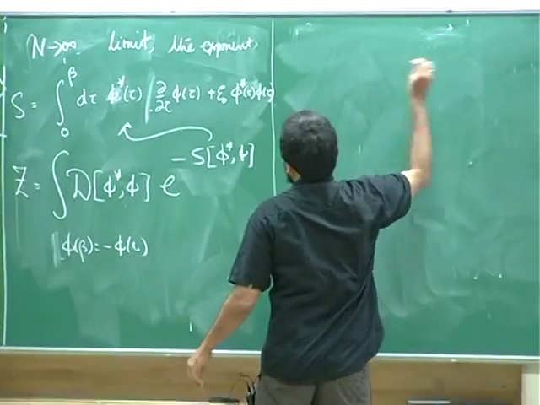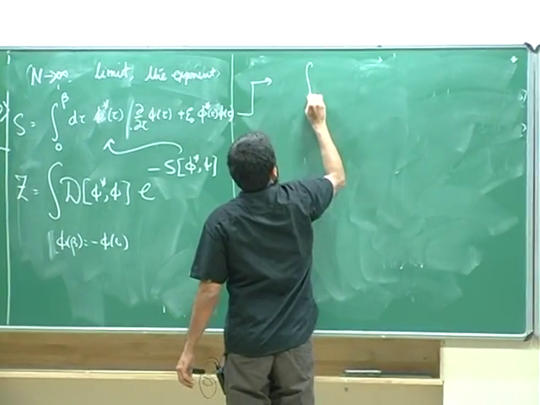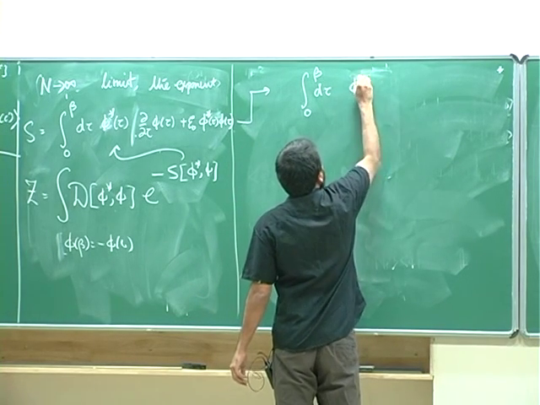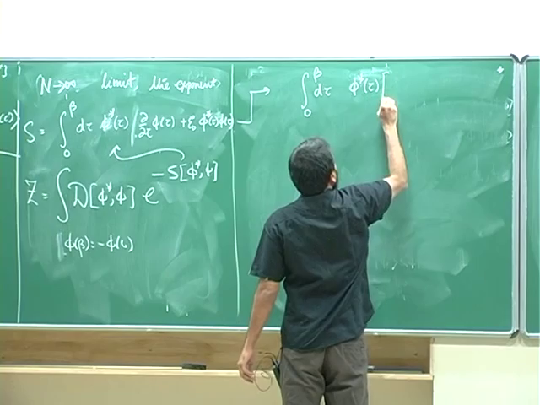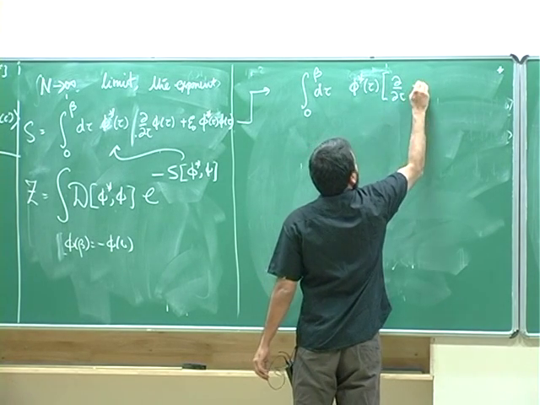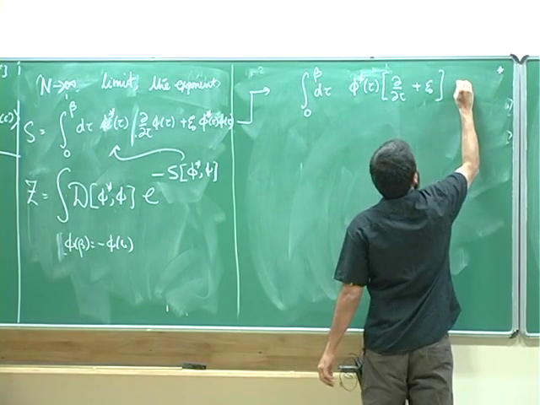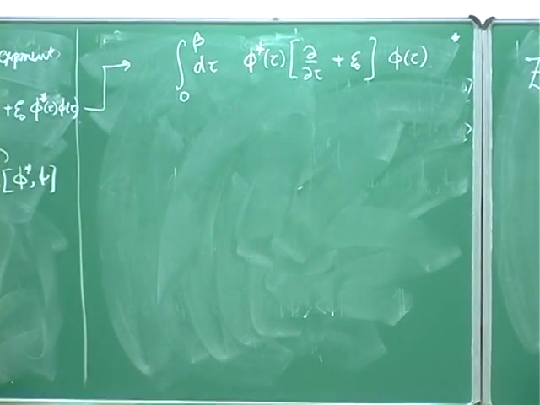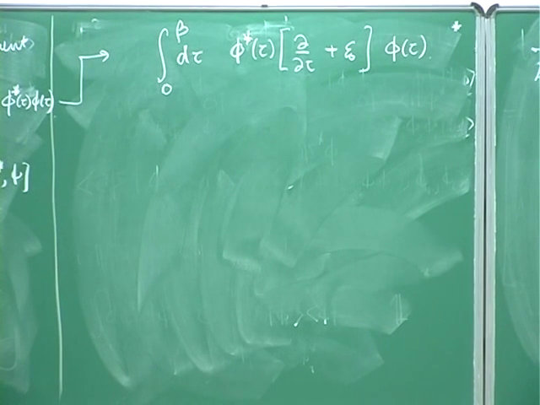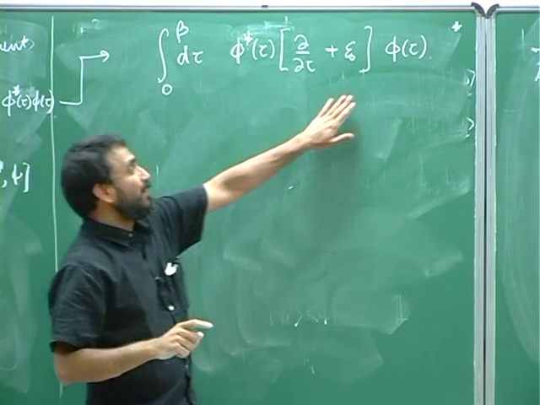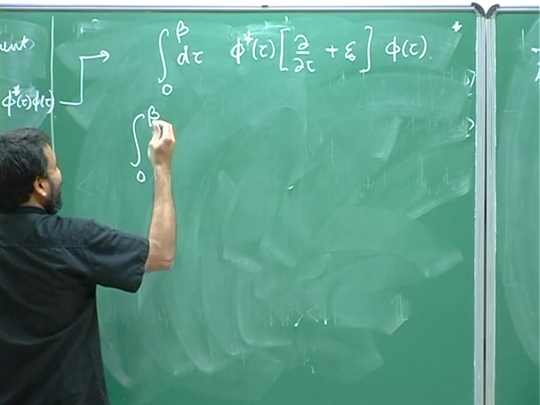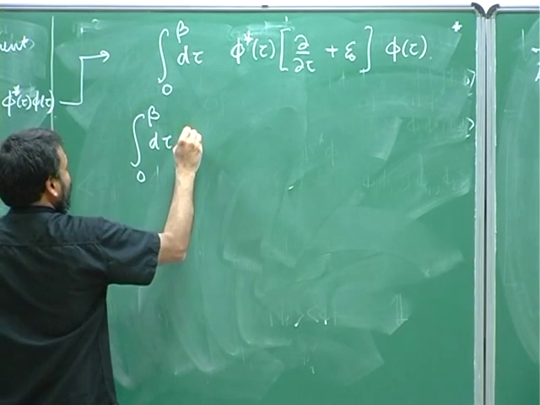Let me take this action and rewrite it in the following fashion. Inverse of Green's function, right? Not Green's function yet, it's the inverse of Green's function. In fact, I can write this in a much more interesting way, you will see what it will look like, just a minute.